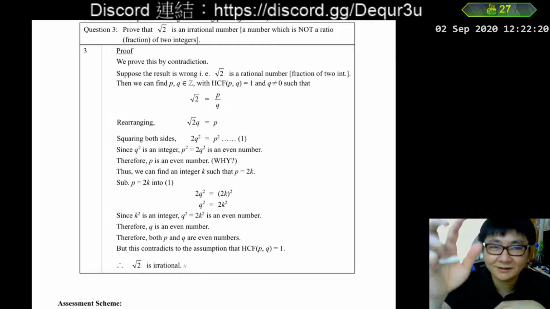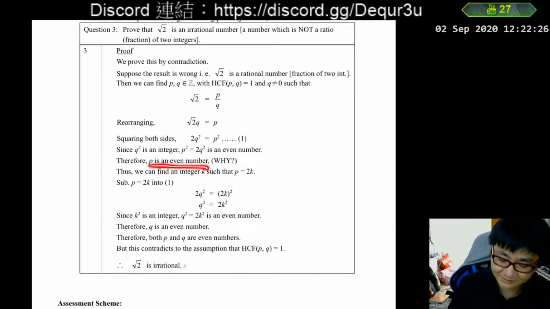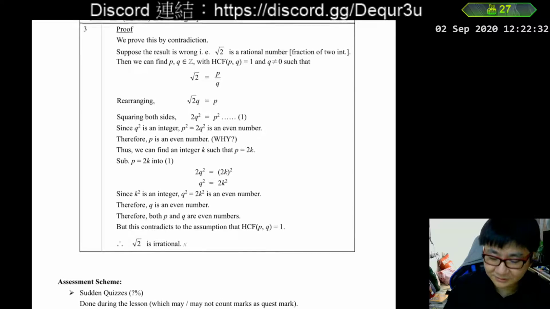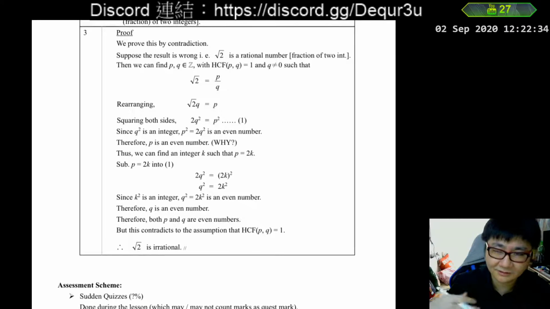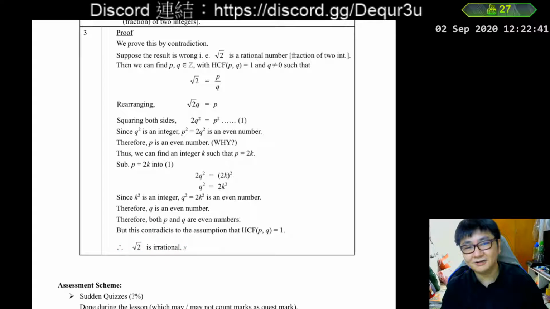If you have an even number on top and an even number on the bottom, you can always simplify. Why is it a must? Therefore, both P and Q must be even numbers. In fact, this contradicts our common sense, and therefore we prove that root 2 is irrational.